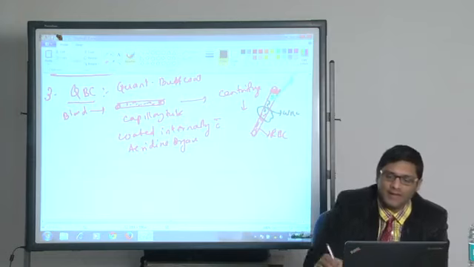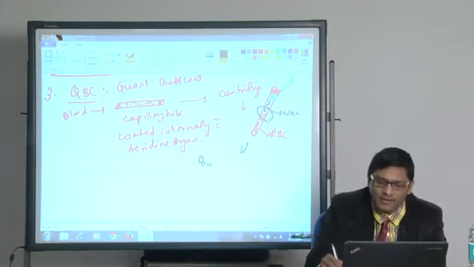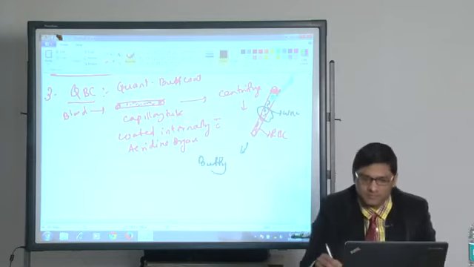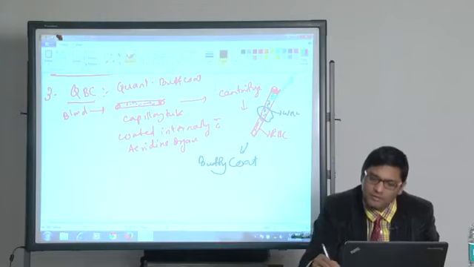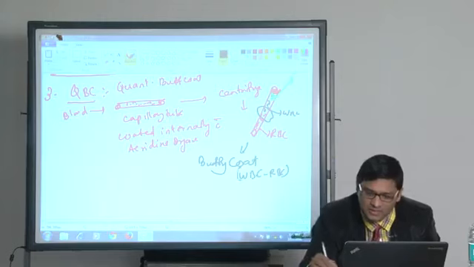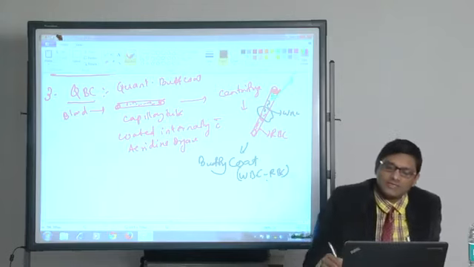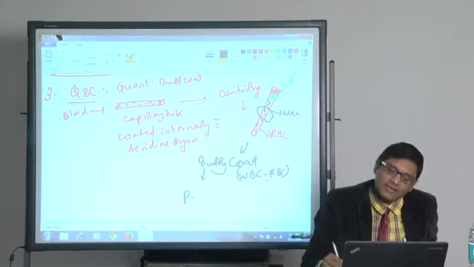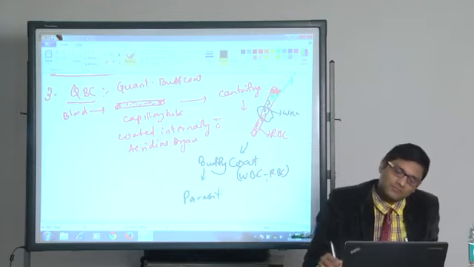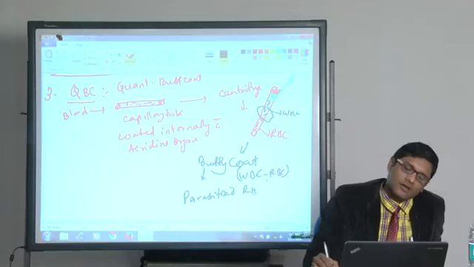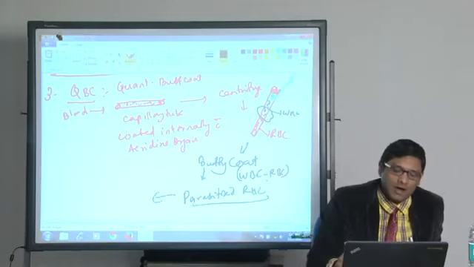Buffy coat area means what? Buffy coat area is the junction of WBC and RBC. This is the area where the parasitized RBCs will be there, and this is the area which is examined under a fluorescent microscope.